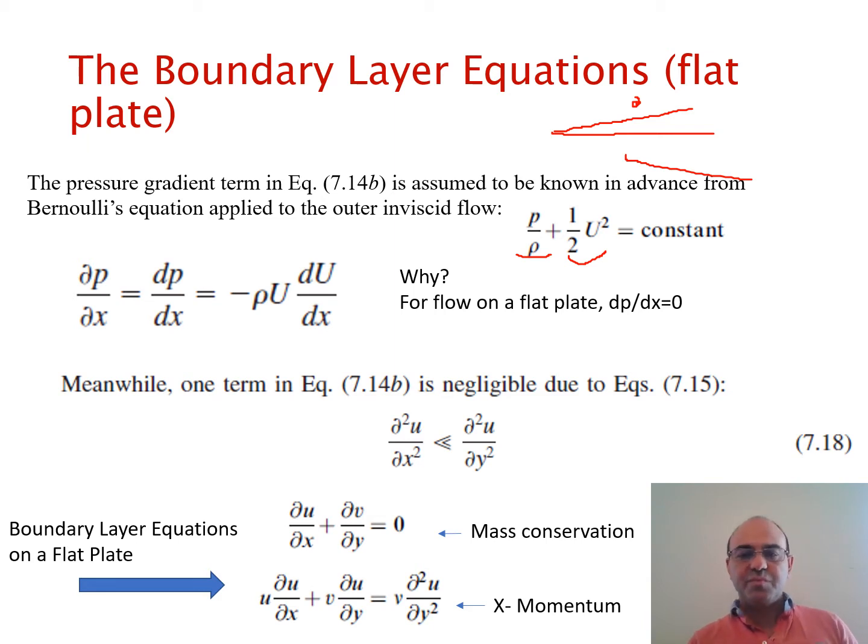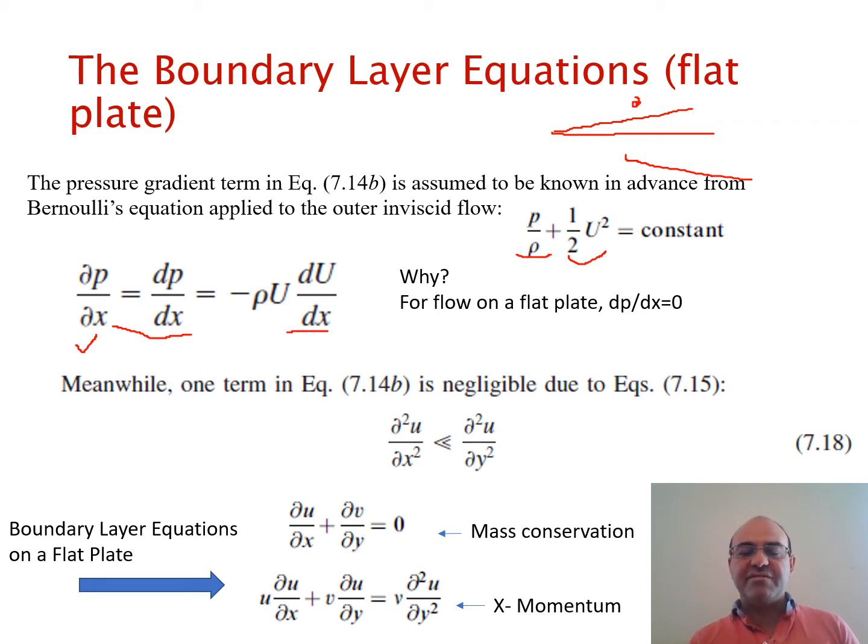So if you take the derivative of this Bernoulli's equation with respect to x, you will see dp/dx, but since p is only a function of x, you can convert the partial derivative to a total derivative. It's equal to the derivative of the second term, which is u du/dx.